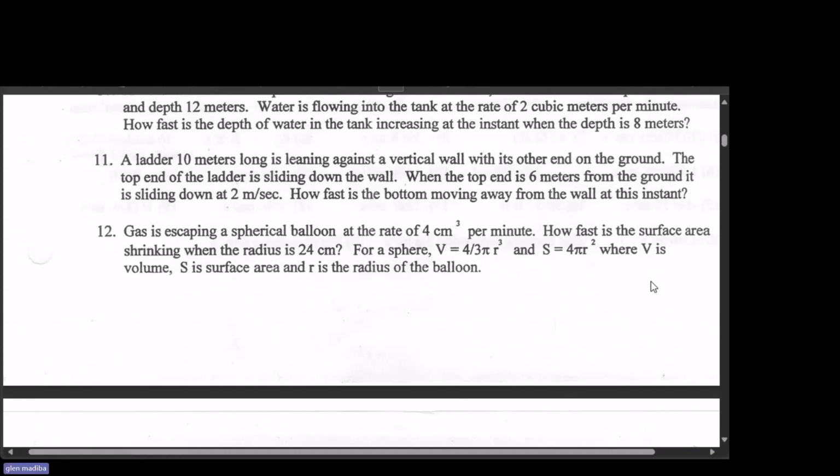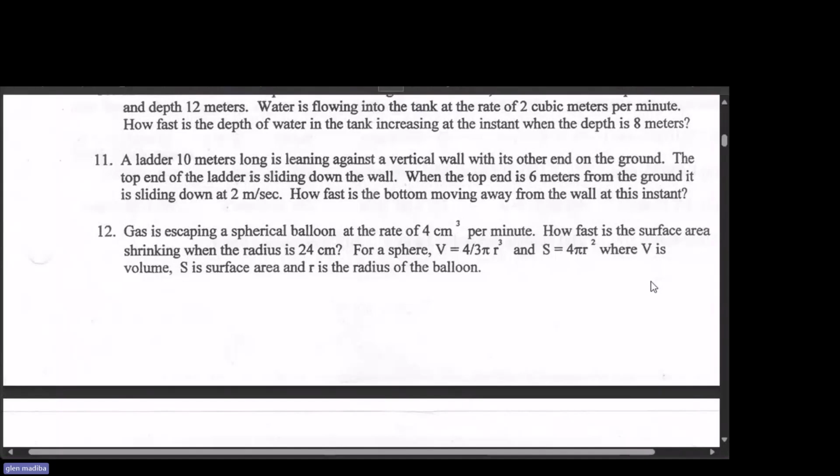Then, how fast is the surface area shrinking when the radius is 24 centimeters? Now, what are they looking for here? The rate at which the surface area is shrinking.